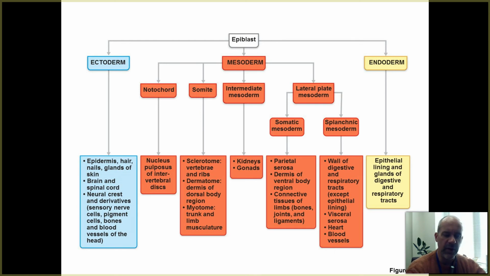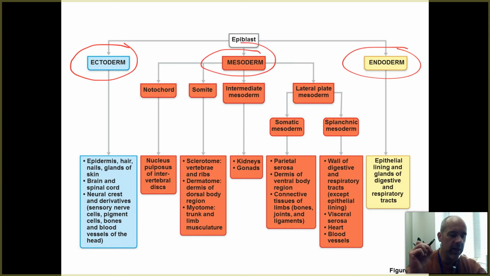Okay, so this is a figure from your textbook which shows you these three layers in an embryo when it's in that disc form: ectoderm, mesoderm, and endoderm. The cells in the ectoderm continue to divide and take on specialized functions.